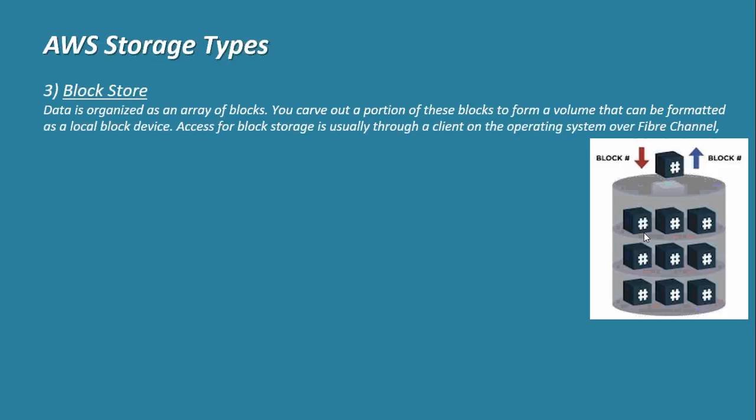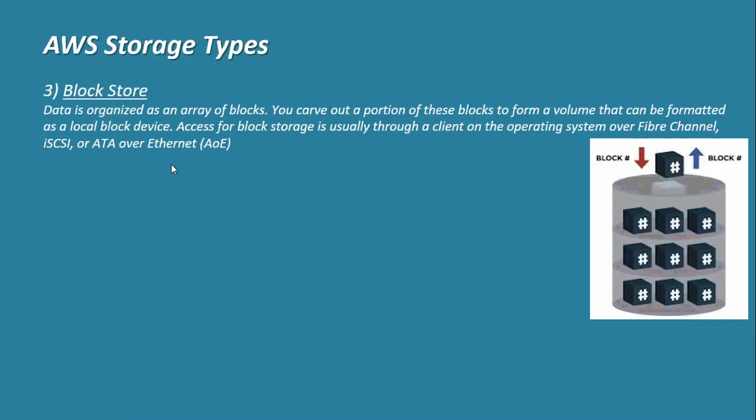Data is organized as an array of blocks, and you carve out a portion of these blocks, maybe these two blocks or these four blocks, to form a volume that can be formatted as a local drive where the data can be stored, or you can mount any kind of file system onto it. Access for block storage is usually through a client or operating system over Fibre Channel, like SCSI or ATA over Ethernet. So these are the three types: file storage, object storage, and block storage.